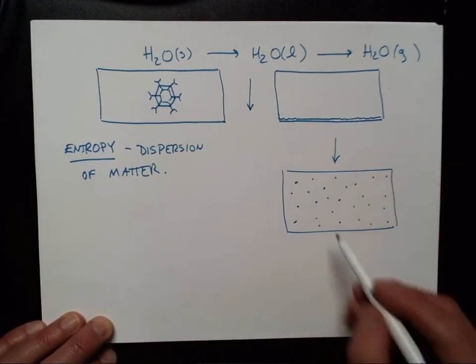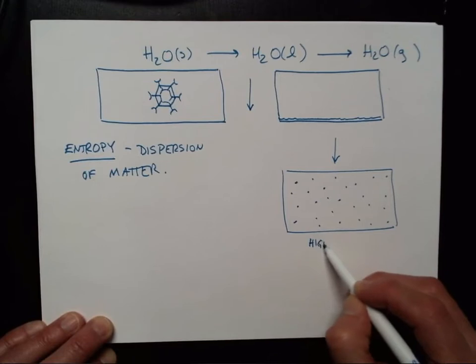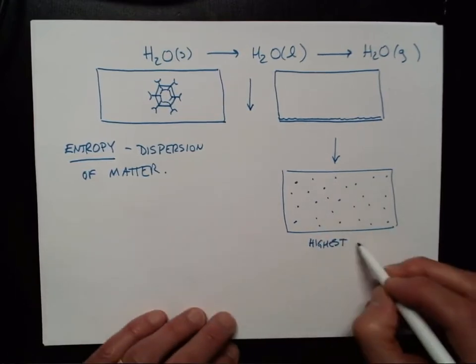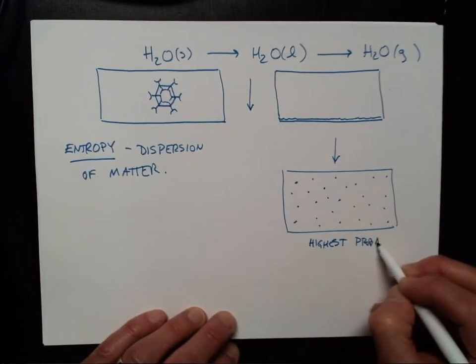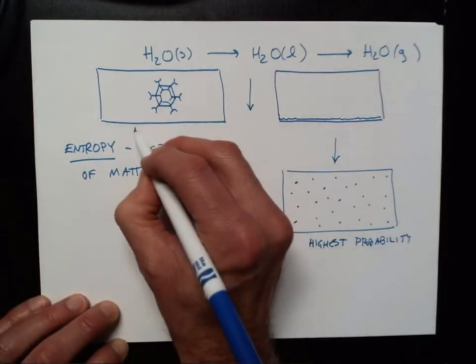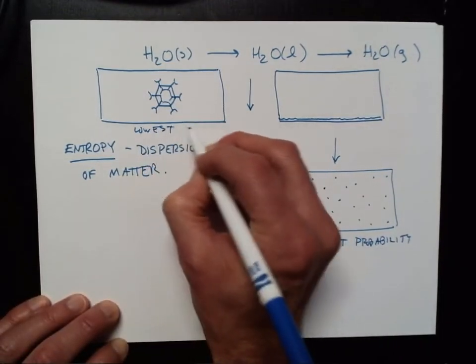Well, of course it's the gas. This is going to have the highest entropy, right? This is going to have actually the highest probability. This is going to have the lowest probability of the three conditions.